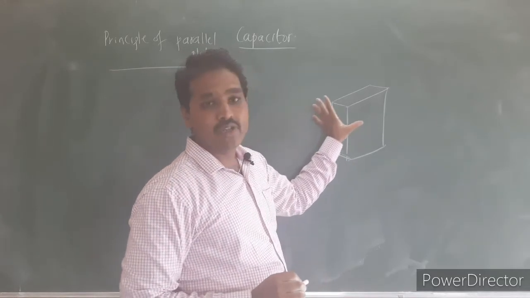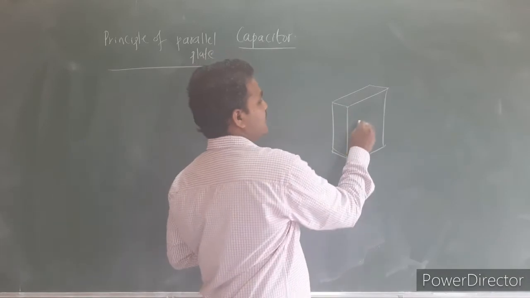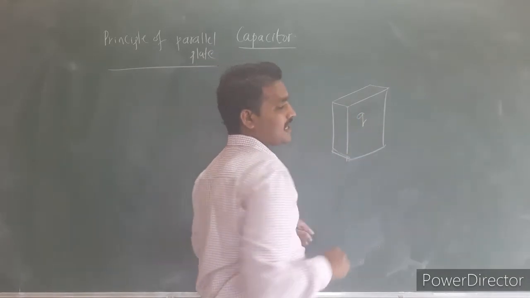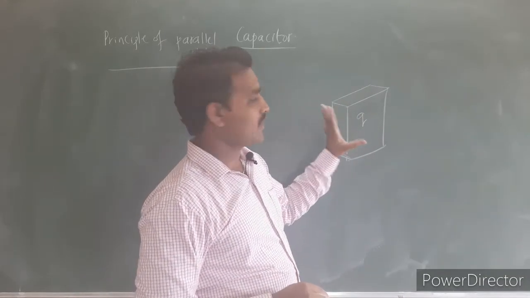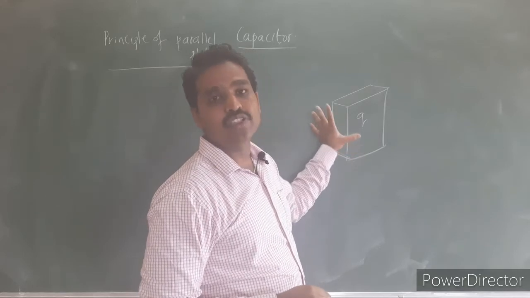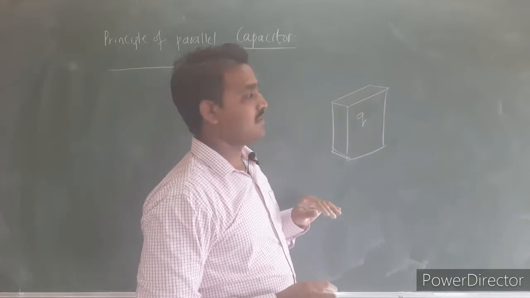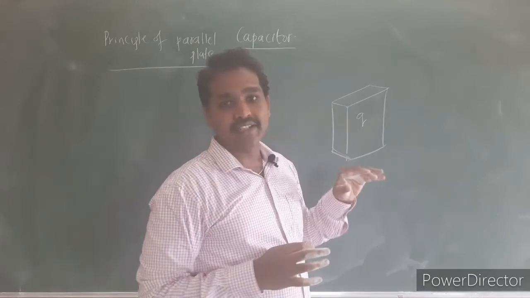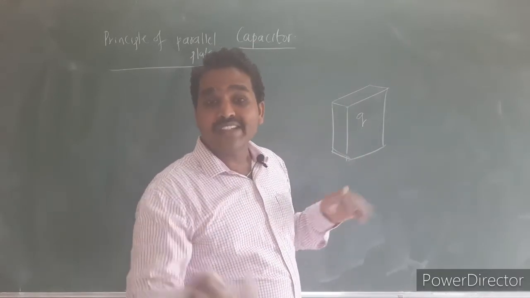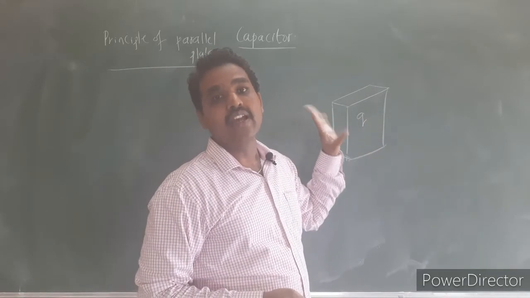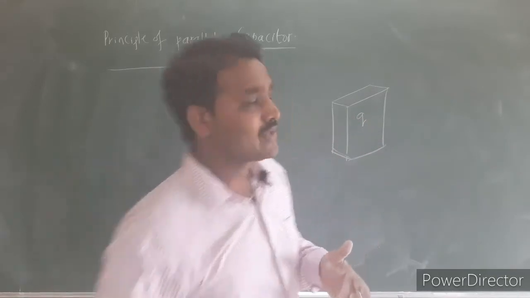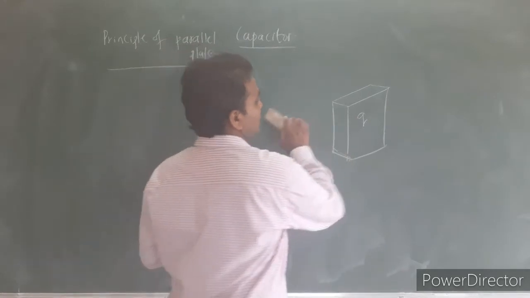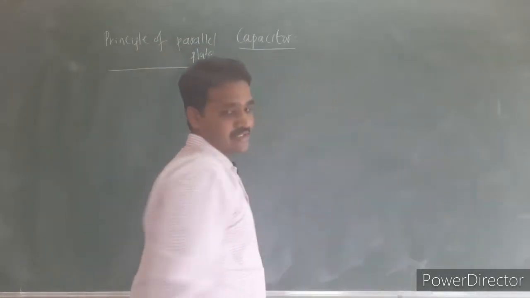If I have only one plate like this, the maximum charge I can store, let it be Q. There is some limit to store the charge on this conductor, but somehow we can make some arrangement so that I can store more than this charge of Q. And how that is done, we shall understand in this principle of parallel plate capacitor.